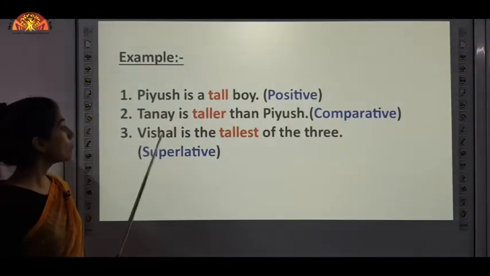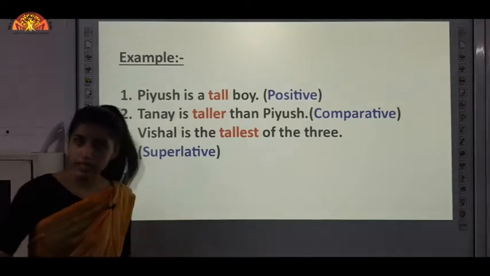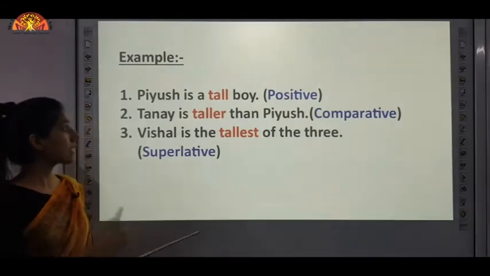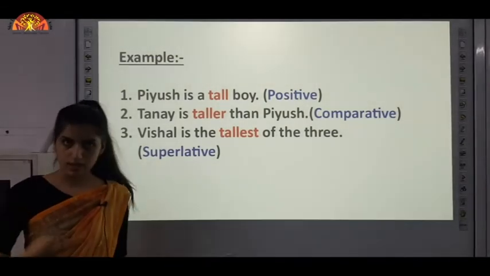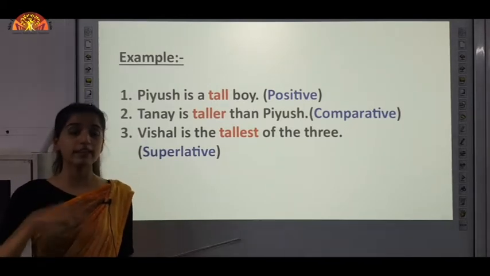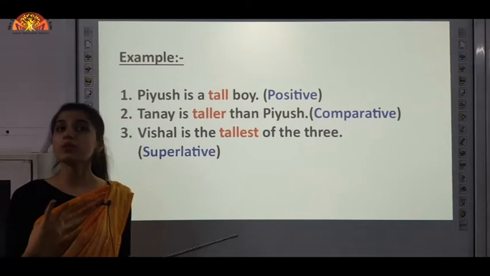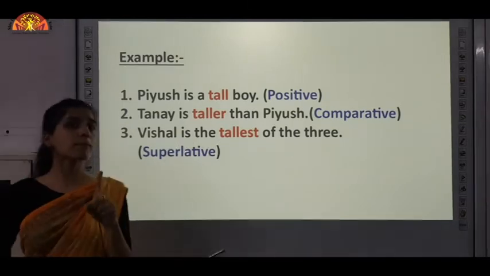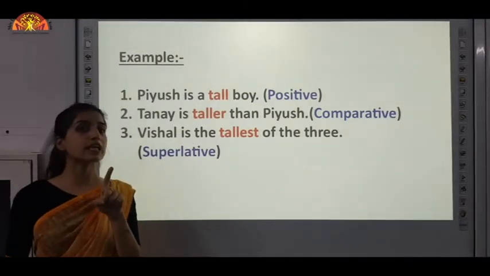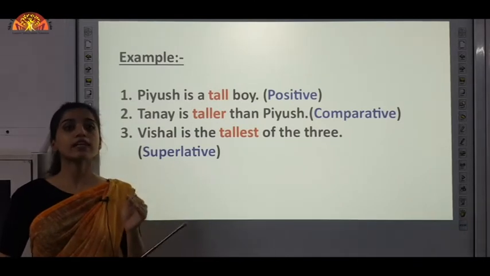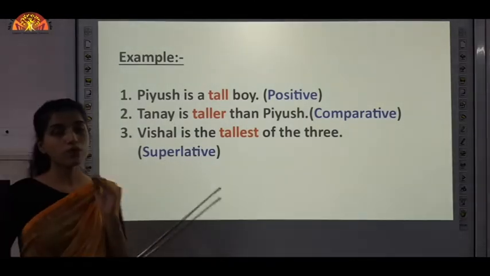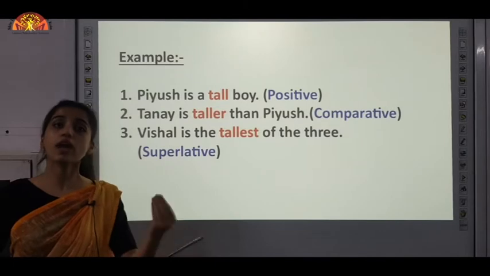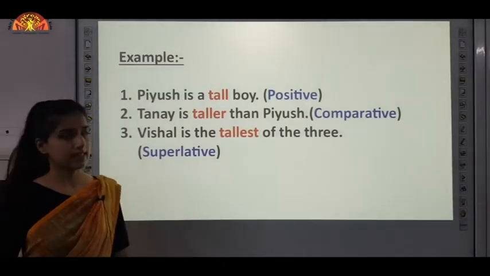But in the third sentence, Vishal is the tallest of the 3, I am comparing more than 2 persons: Piyush, Tanay and Vishal. I am comparing 3 persons, right? So I am using the word tallest. And remember one thing: when you put the superlative degree in a sentence, before the superlative degree there always comes "the". Always keep this point in mind whenever you write any superlative degree in a sentence.